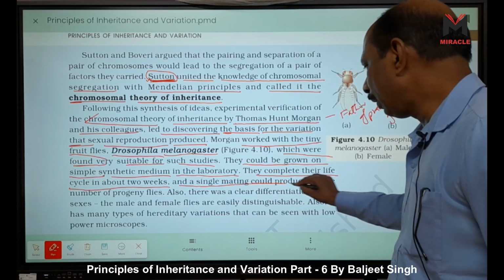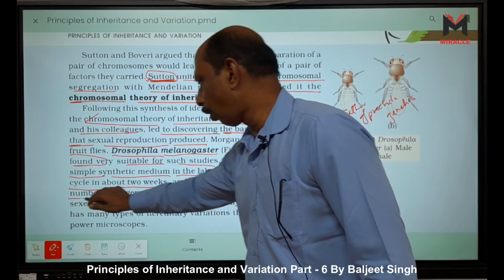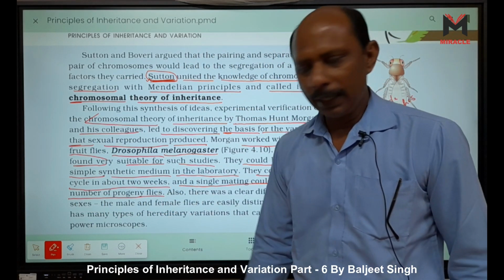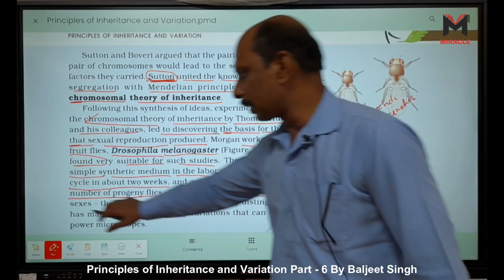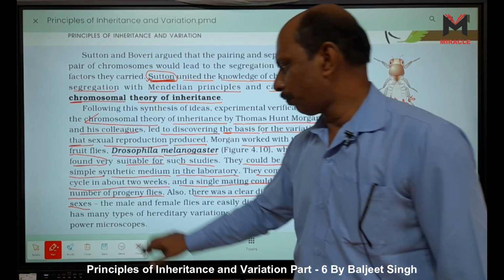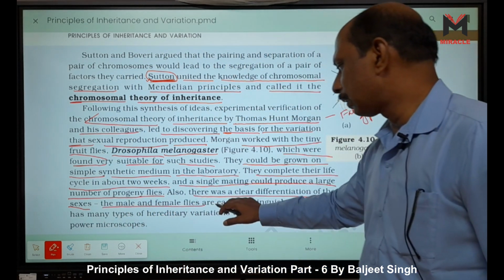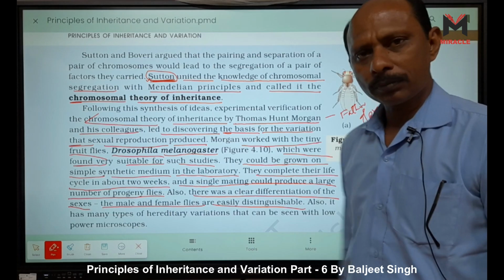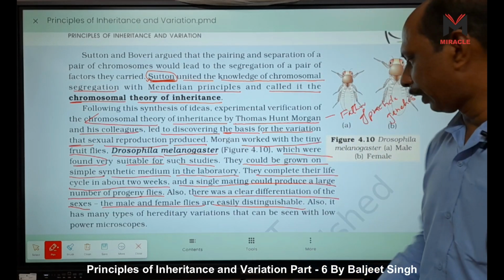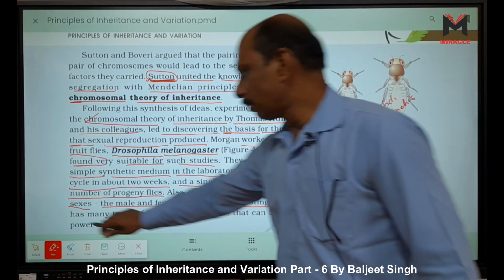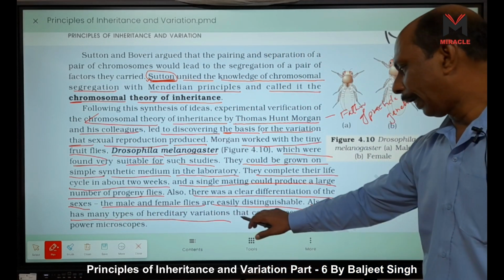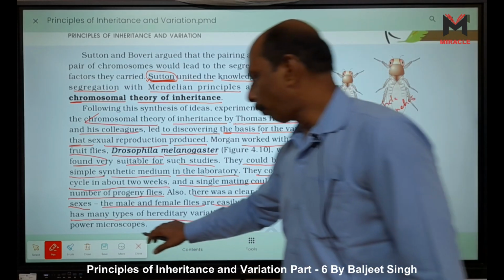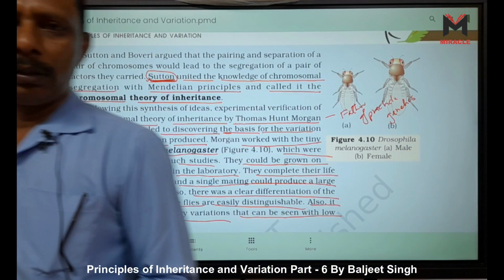A single mating could produce a large number of progeny flies. There was also a clear differentiation of the sexes; male and female flies are easily distinguishable, as sexual dimorphism is there. Also, it has many types of hereditary variations that can be seen with a low power microscope.